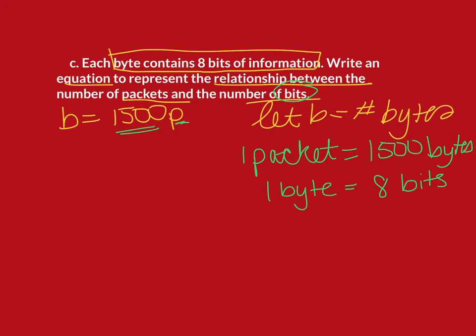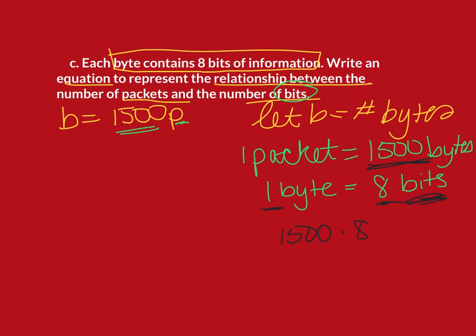So if I know that 1 byte is 8 bits, and I've got 1500 bytes, in order to find the number of bits, I need to multiply. So there's 1500 bytes times the number of bits in each byte. I know that that's kind of like a tongue twister, but make sure you go back, rewind this if you need to, and understand where each of those numbers is coming from.